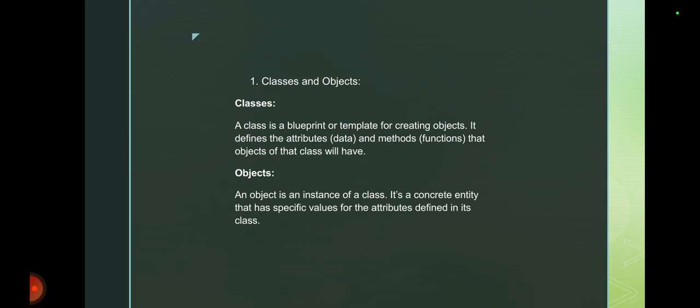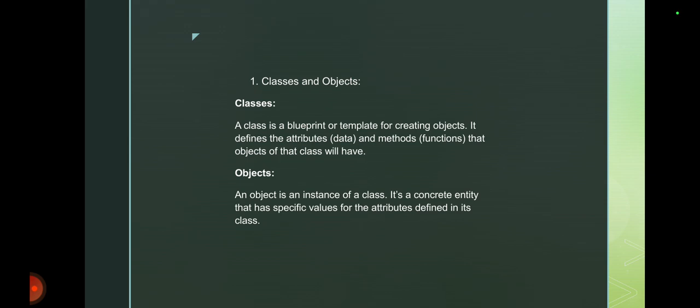So next is the object. An object is an instance of a class. It is a concrete entity that has specific values for the attributes defined in its class. The entire OOP methodology has been derived from a single root concept called object.